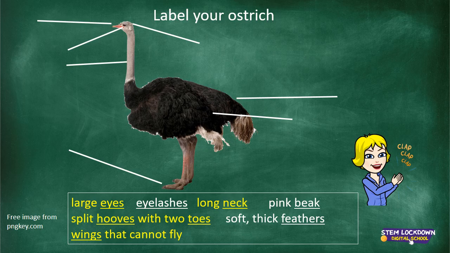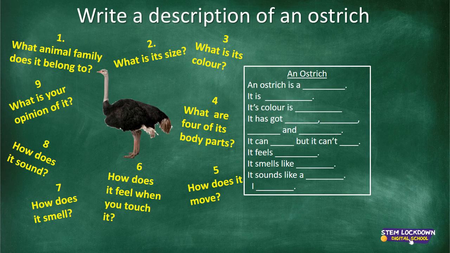Okay, so now you've got your ostrich labeled and you know quite a bit about ostriches. It's time for us to write a description of an ostrich. You'll remember this diagram with all the questions and the sentence starters. I won't be going through them with you this time because you know what to do. So let's get started and write the description.